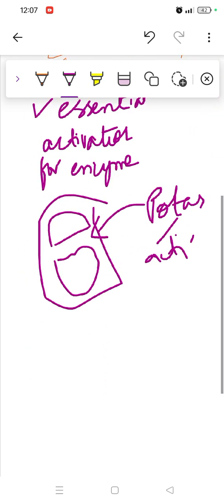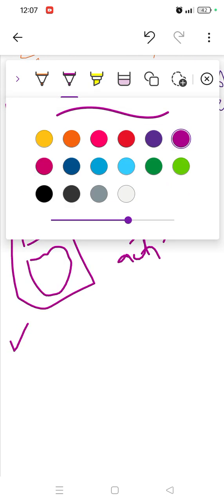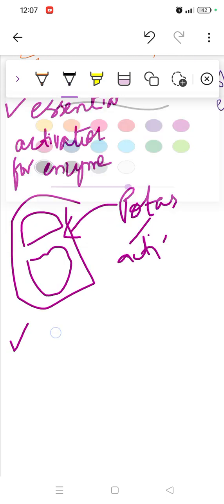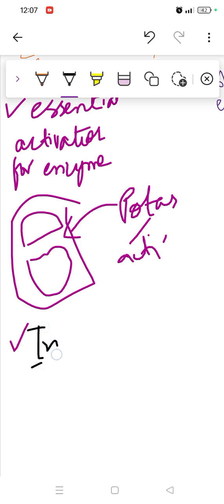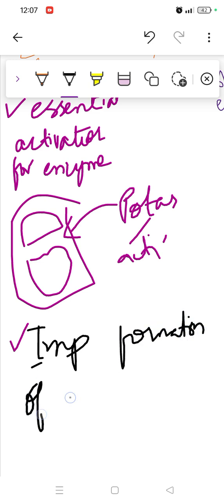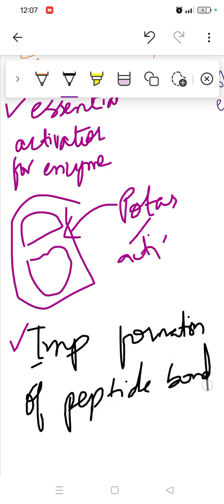And this is also very important for the formation of the peptide bond, which is present in proteins.